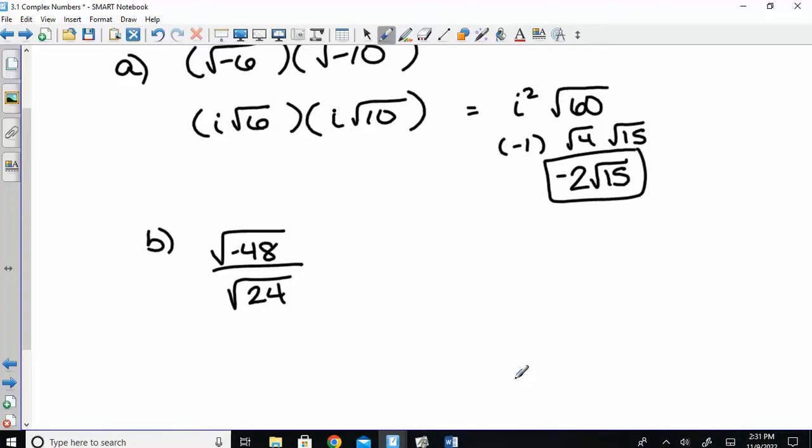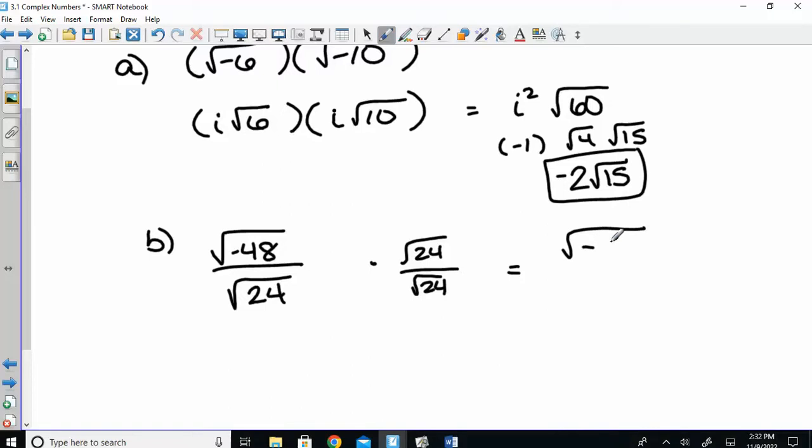You can't have a radical on the bottom, so you have to multiply by radical 24. So we can't leave a radical on the bottom, so the suggestion was to multiply by radical 24. Let's try it.